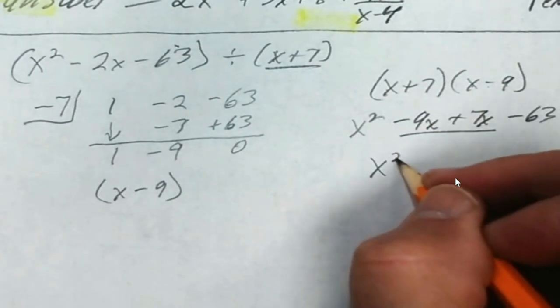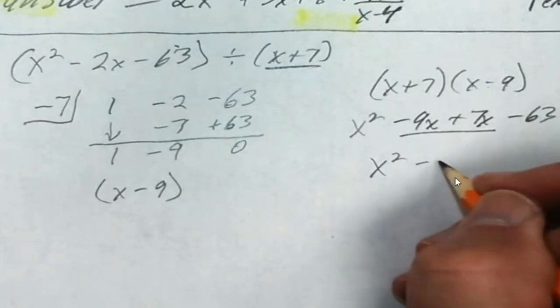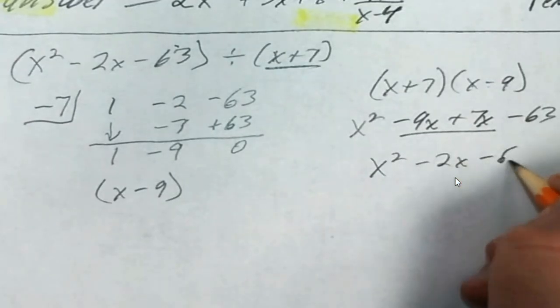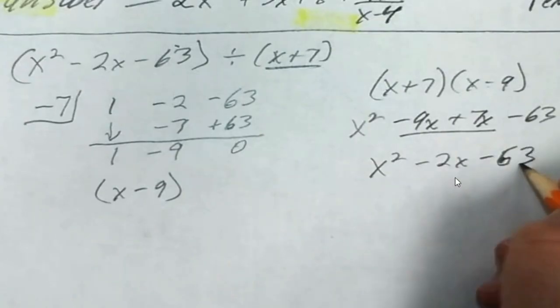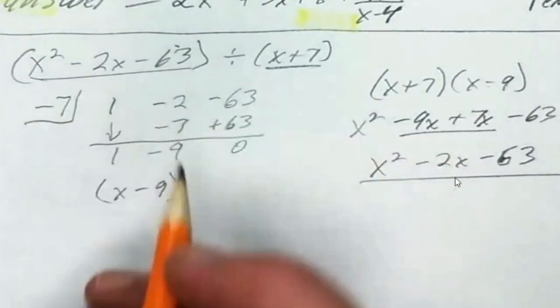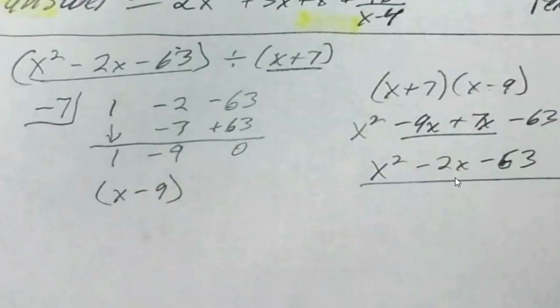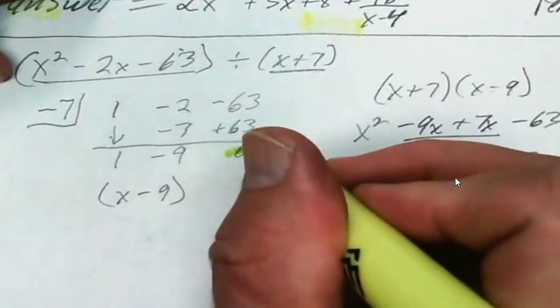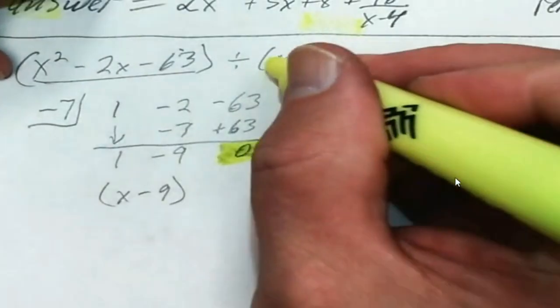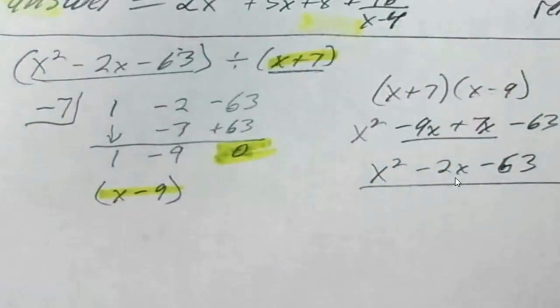So x squared, negative 9 plus 7. Looky there, that's exactly what we started with. Since the remainder was 0, you know these are both factors.